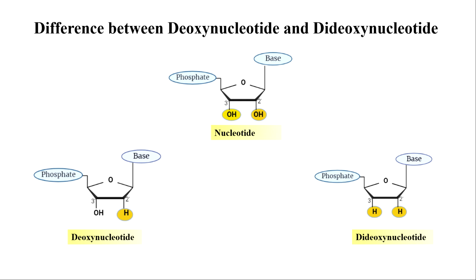So 3' OH forms the phosphodiester bond with the phosphate group of the adjacent nucleotide. So the deoxynucleotide has this OH group which can easily form the phosphodiester bond with the adjacent nucleotide. But the dideoxynucleotide, since no OH group is present at 3' position, cannot form the phosphodiester bond.